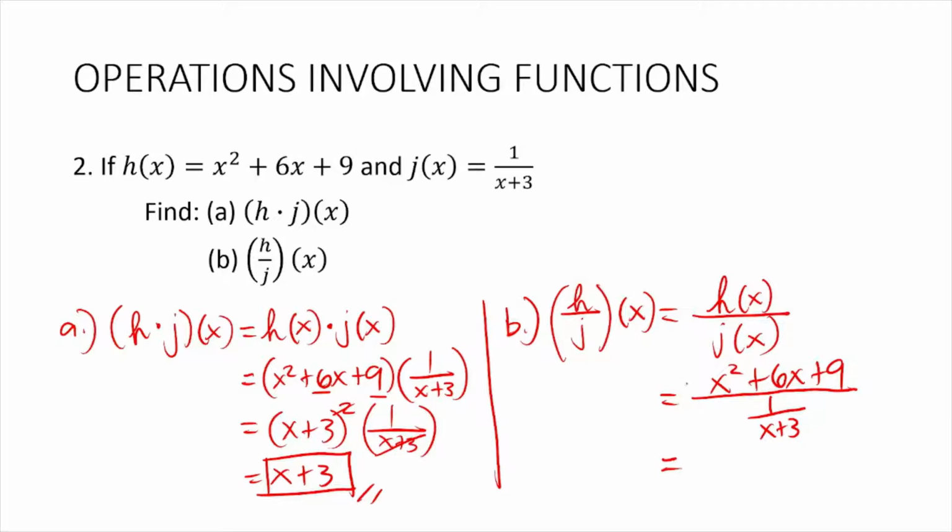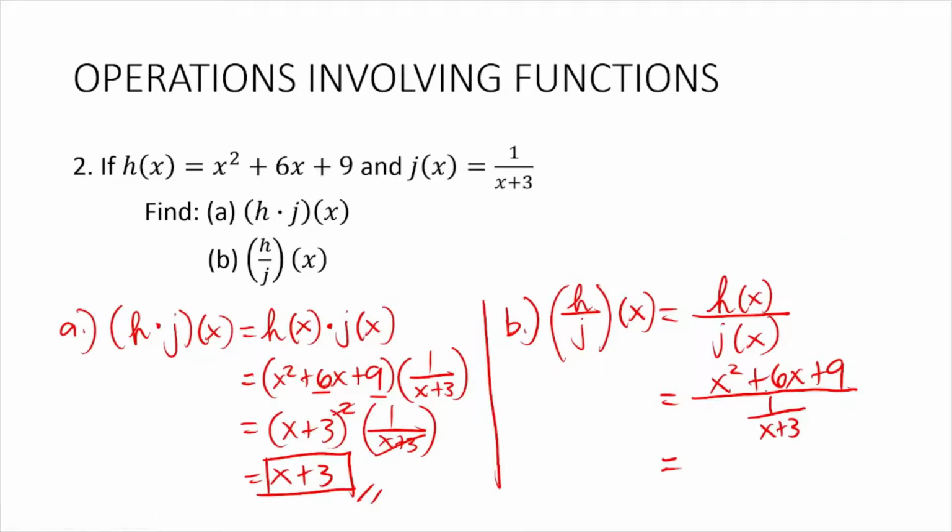So we say again x squared plus 6x plus 9 is x plus 3 squared, right? We've established this earlier. And then instead of dividing this by 1 over x plus 3, we say multiply this by the reciprocal of 1 over x plus 3.